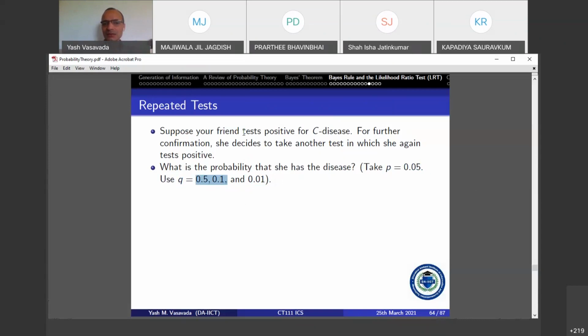The only thing is that now the person takes the test 2 consecutive times and the test result comes out positive in both of them.